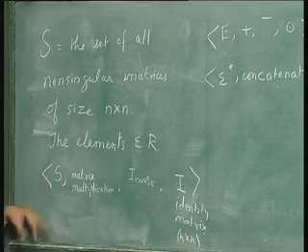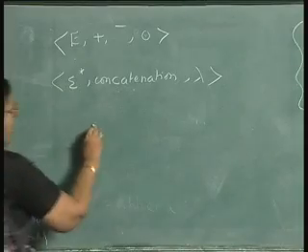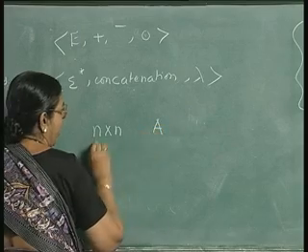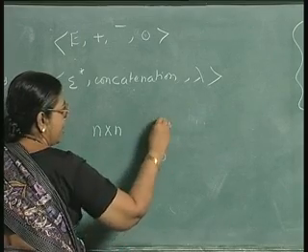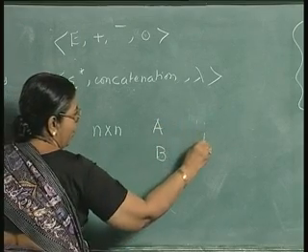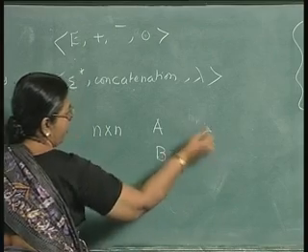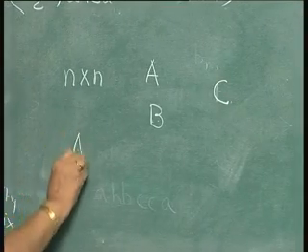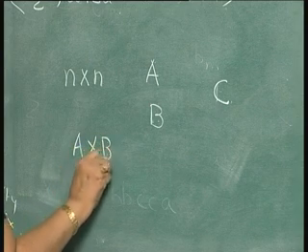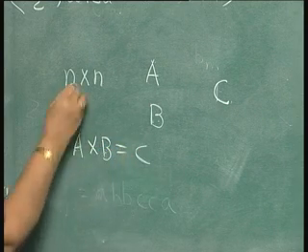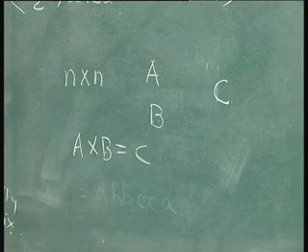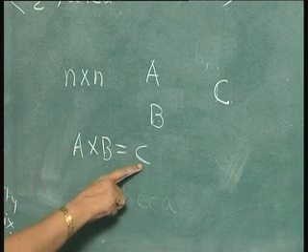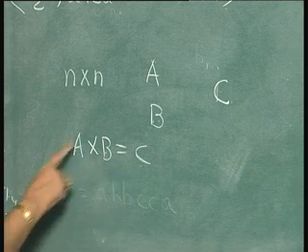Then this forms a group. If you multiply two n by n matrices, say A and B, the product of A and B will be another n by n matrix C. So, A into B will be C. If A and B are non-singular, C will also be non-singular. So, the closure property holds.